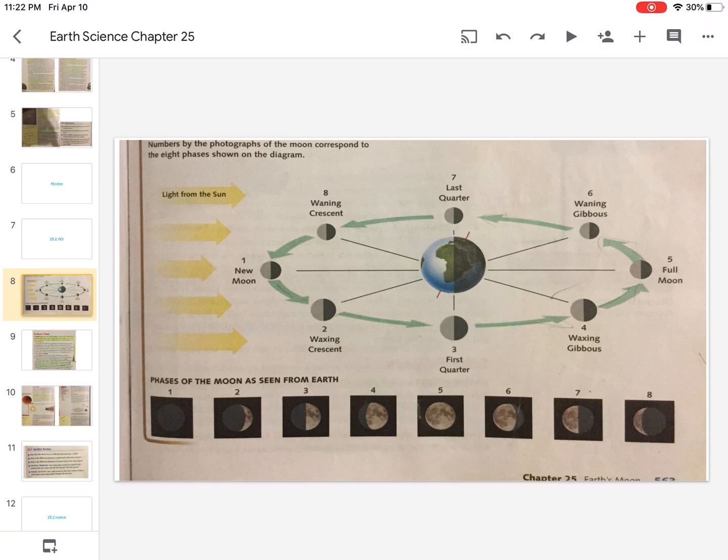Find new moon and full moon. That's 14 days. If we're going to be asked to move just a portion of that, what would that be? So you would be dividing, right? So new moon to the first quarter would be 7 days, because you're cutting that in half.